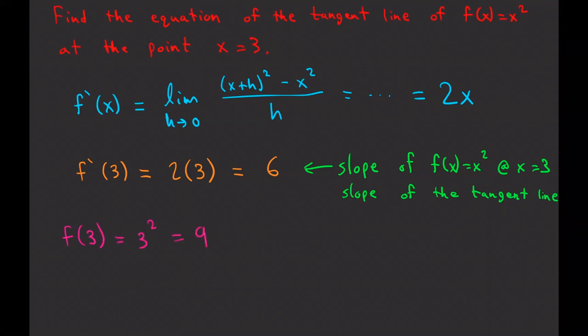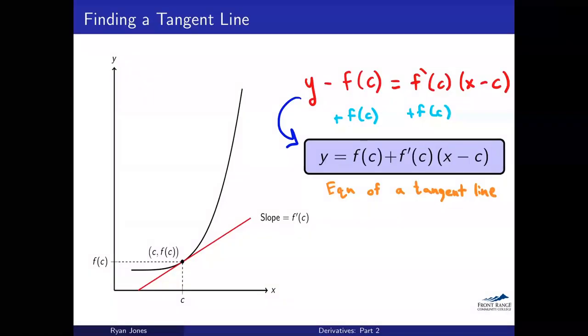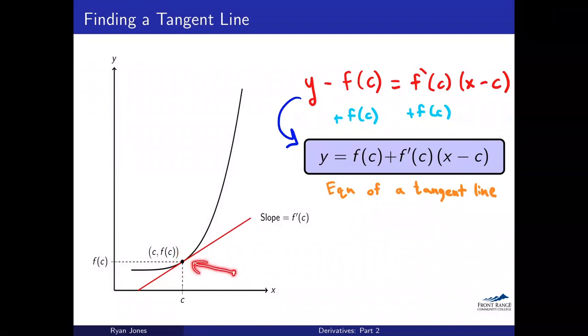So what we've got there is we have the point (3, 9), and that point is on both the function and the tangent line. You can see that by this picture here, right? This point that we're looking at is touching both the tangent line and the curve, the function itself.